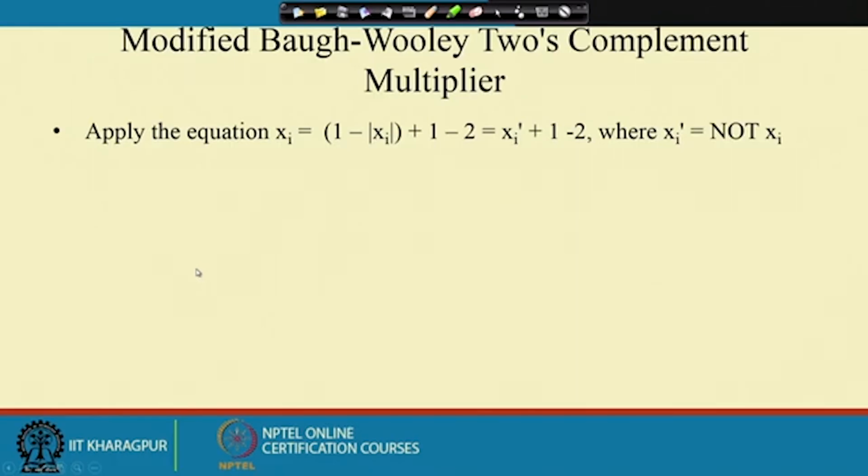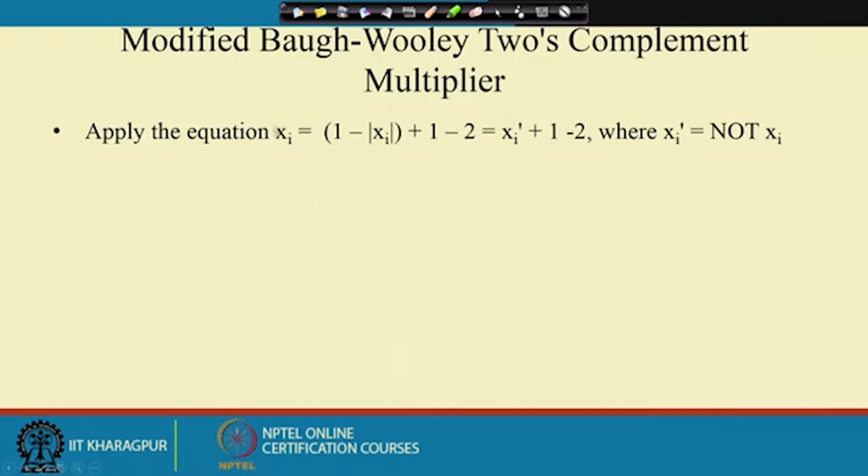In reviewing the sign addition operation, we saw this equation: x i can be represented as x i bar plus 1 minus 2, where x i dash is the x i bar, or not of x i.